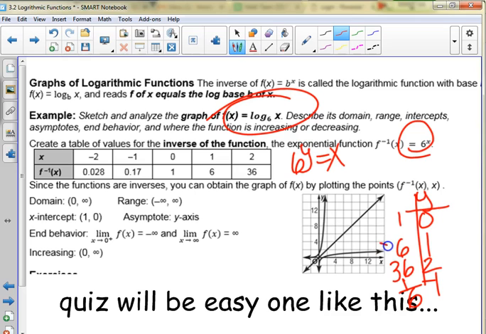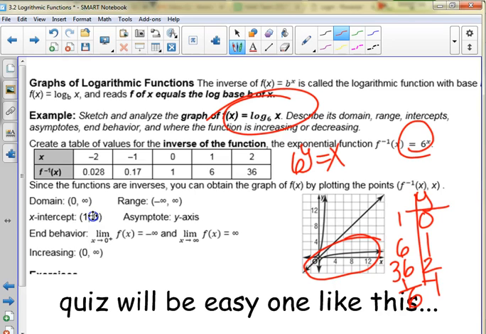So the graph is this one down here. So its domain is 0 to infinity. Guys, what happens to the domain and range when we do inverse? Yes, so on all our exponential growth, remember domain was negative infinity to infinity and range was 0 to infinity. So now what's going to happen?